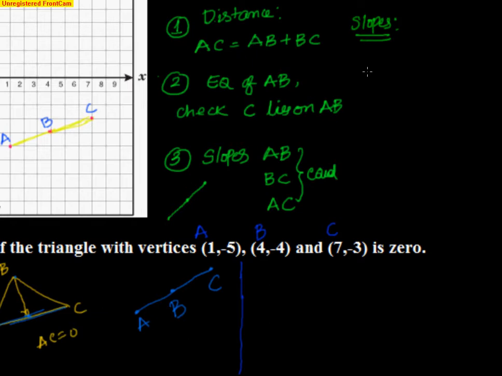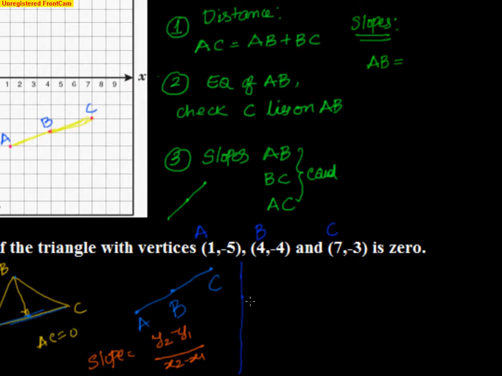Okay, let's check the first slope, AB. What is the slope of AB? You know the formula, right? You want me to write it here? Okay, the formula for slope is delta y by delta x, nothing but change in y by change in x, or y coordinates difference divided by x coordinates difference of 2 points.